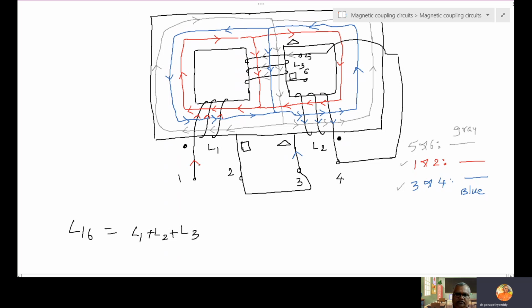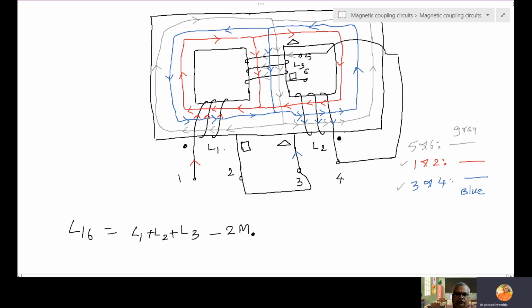Now listen carefully. Sending current here, this is the coupling between 1, 2 and 3, 4. Here the current is entering at the dot, and here the current is entering at the undotted end. Therefore minus 2M dot will come.